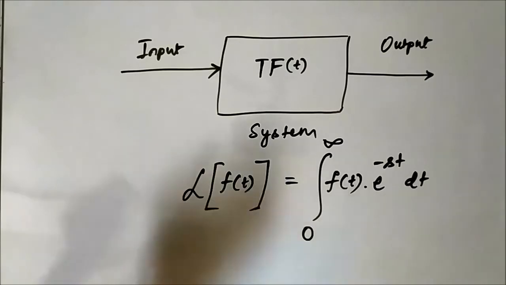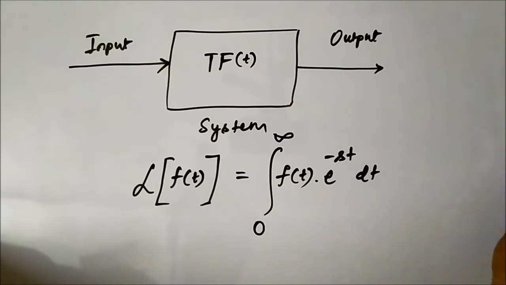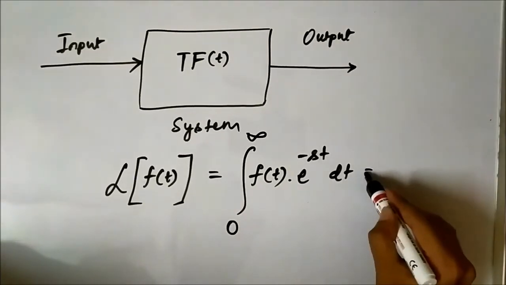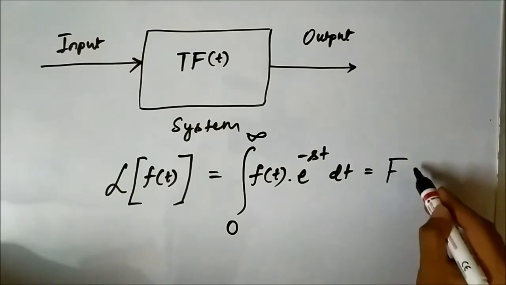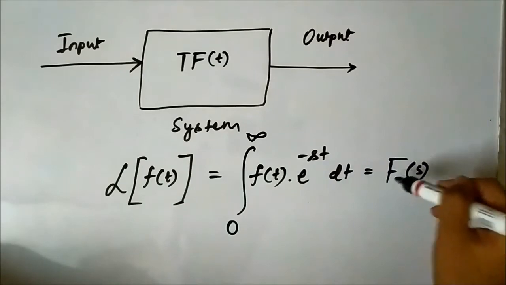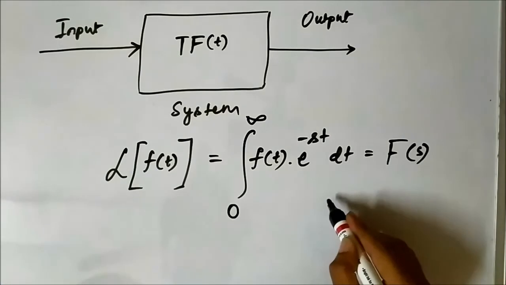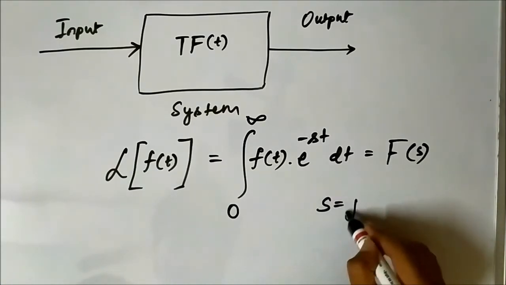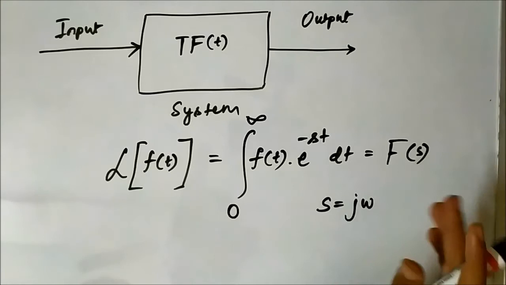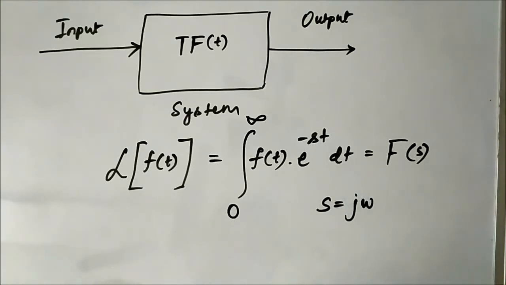This is the Laplace transform of the signal f(t), and it is represented as F(s). Here it is small f, here it is capital F, and this s is given as j omega, where j is the imaginary iota and omega is the angular frequency. For now you just understand this much. This is the Laplace transform.